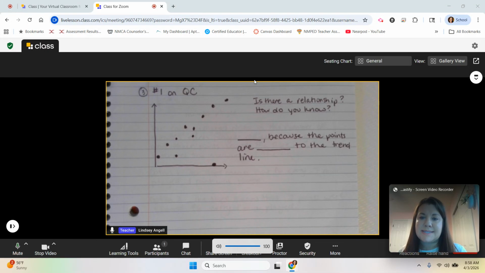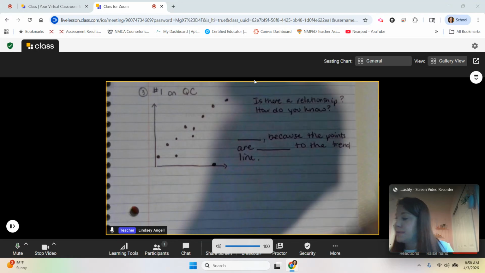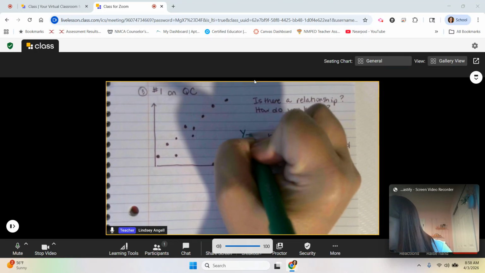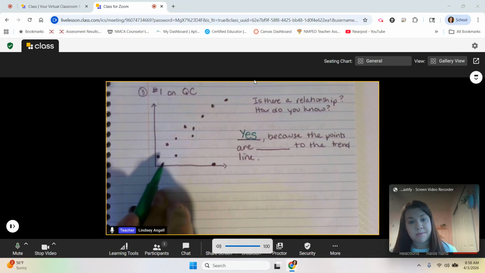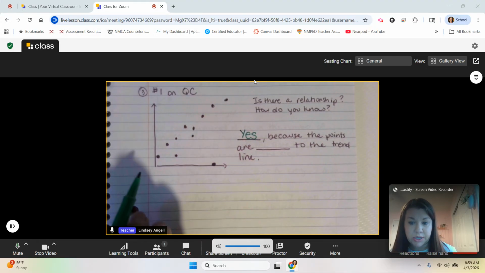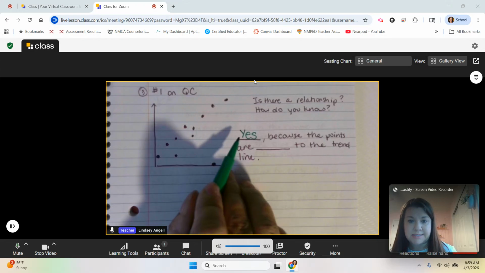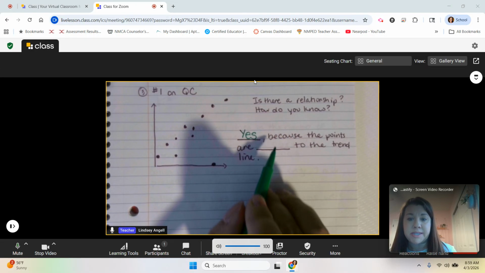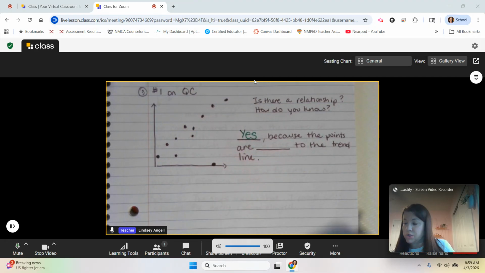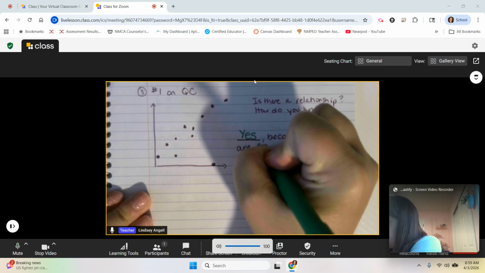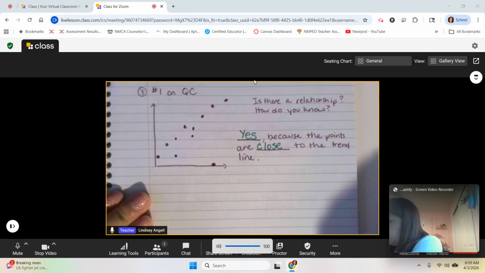So in this case, is there a relationship? How do you know? I would say yes, there is a relationship. We just talked about it. It's a positive linear relationship. Because the points are close to the trend line, we would say there is a relationship.